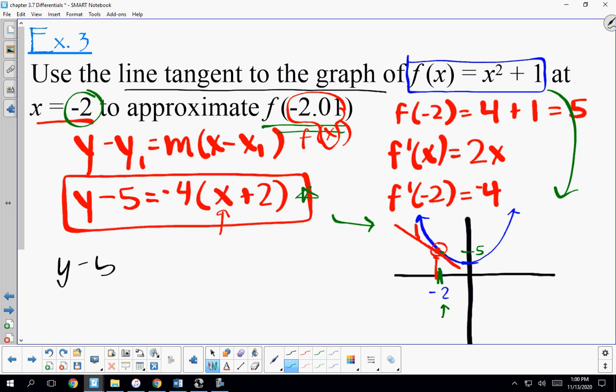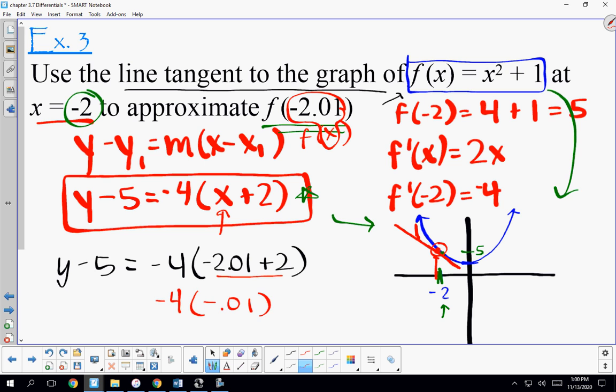So y minus 5 equals -4, and then in this case, -2.01 plus 2. And again, I like this better because I can do this in my head without a calculator. To square that number, I would need a calculator. So here, we probably want to combine like terms first. So we have -4 times -0.01.